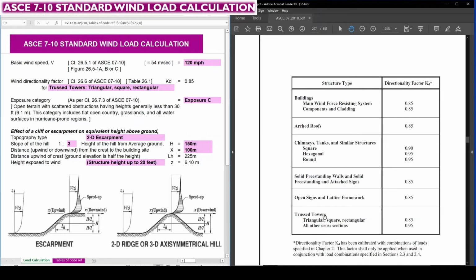You can see this PDF file on the right-hand side. The value for trussed towers, triangle, square, rectangle is 0.85. Similarly, for arched roofs the factor is the same, 0.85.